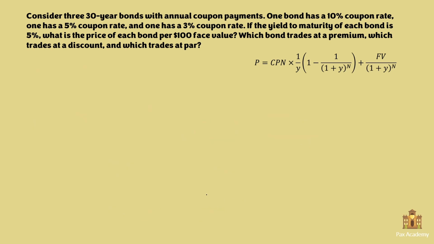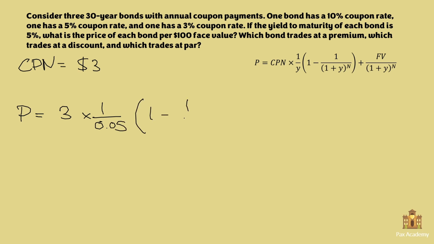And let's look at the last bond. This last bond has a 3% coupon rate. Therefore, we know that the coupons are going to be $3, 3% of 100. And then we apply the same formula. So the price of this bond is going to be 3 times 1 over the yield to maturity.